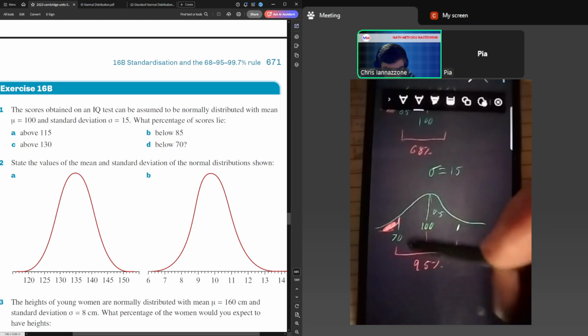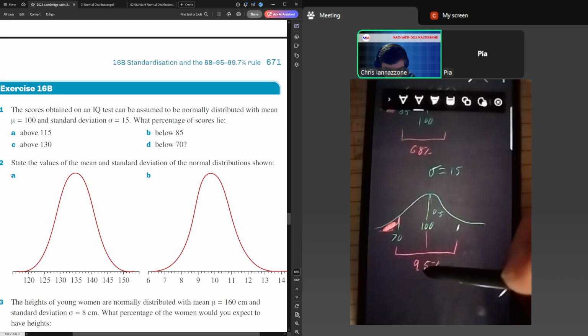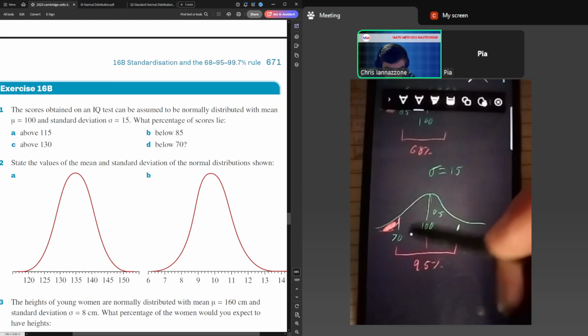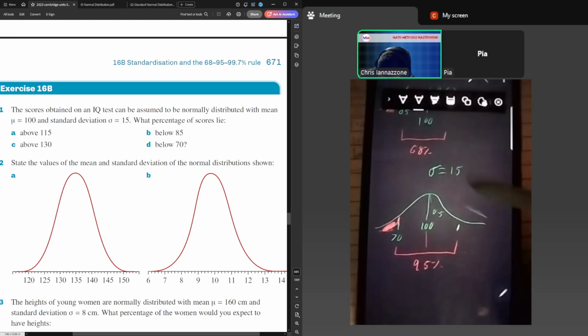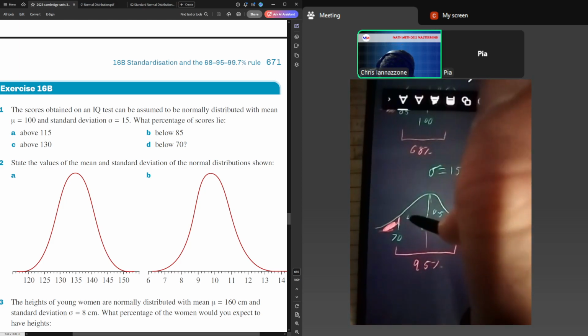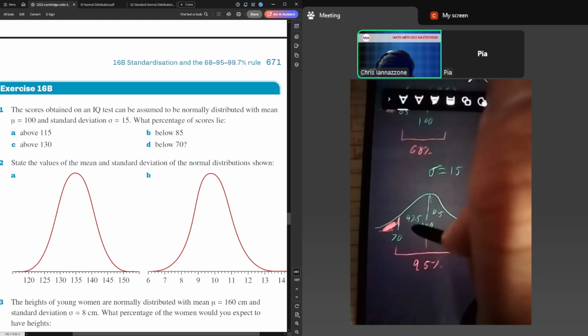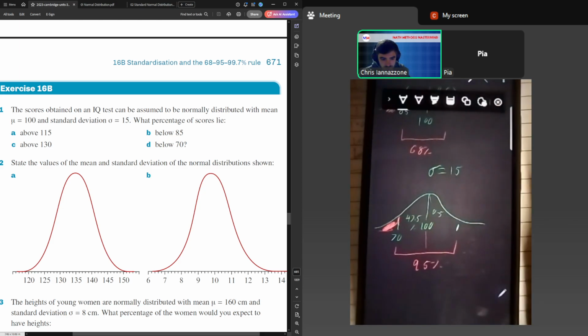We just want to care about the portion over here. Simple question: if 95% is spread evenly between these two spots, how do I know what's just on this side? You'd halve it. Yeah, so 95 halved is 47.5%, which should be a decimal, but you get the point.